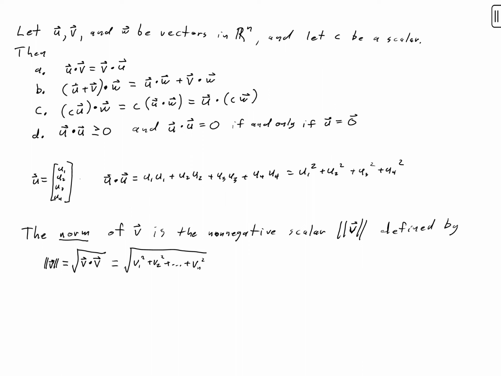This implies that if I take the norm of V and square it, I get V dot V. So we have something called the norm. I want to look at an example of a norm and to see if we can figure out what it tells us.